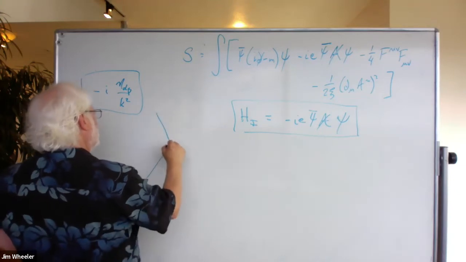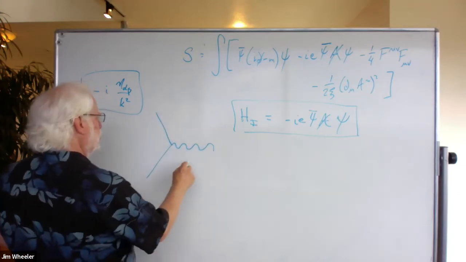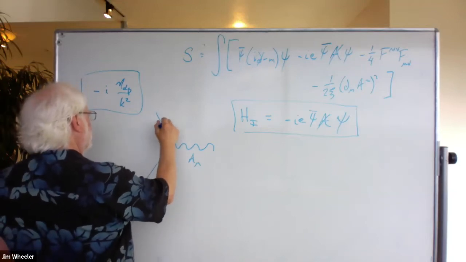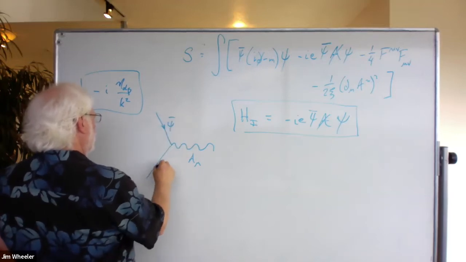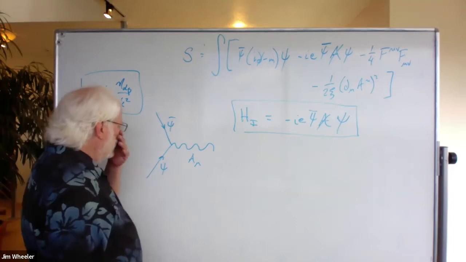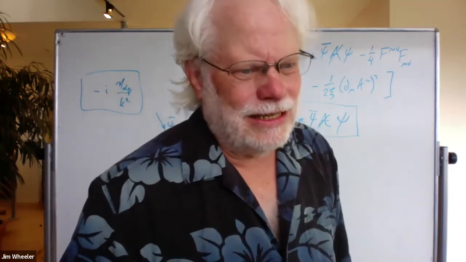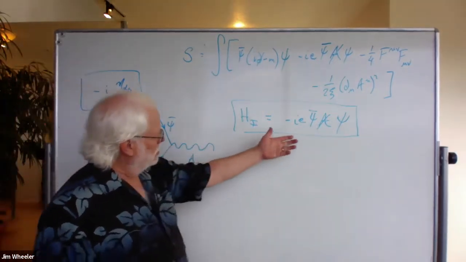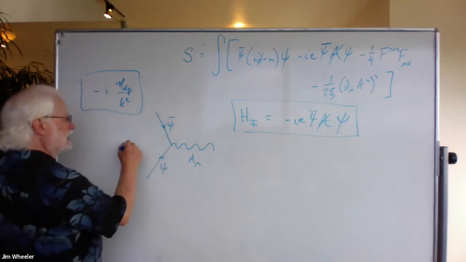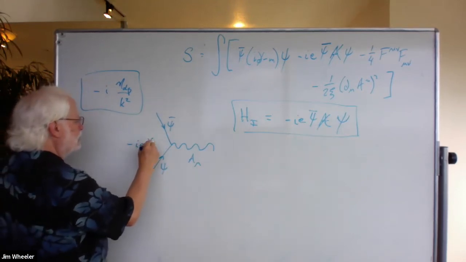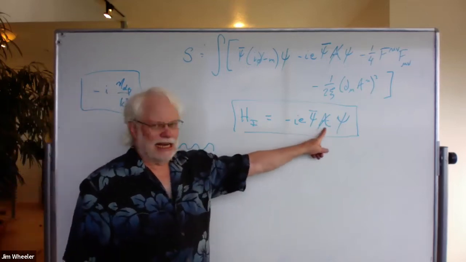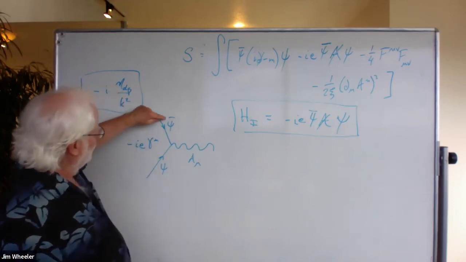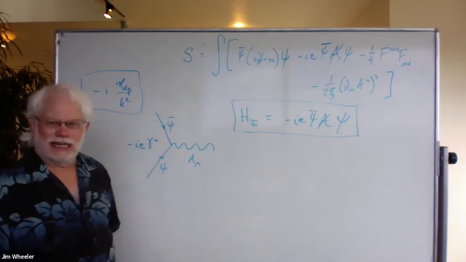Well, the basic picture looks like this, where this is your photon field, and this is psi bar, and psi. So we have some sort of picture like this, where we have a vertex that depends on this term in the Hamiltonian. Well, that vertex has a strength minus i e times the gamma matrix, right? This A slash is a gamma mu A mu. So it's this that combines the three terms and gives us a vertex like this.